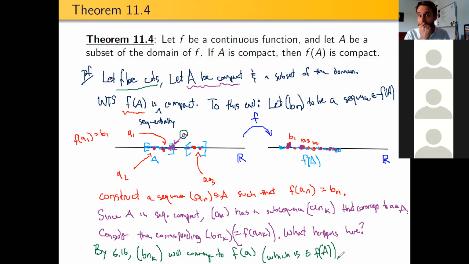And we've actually done it. We have shown that if we start with an arbitrary sequence in the set f of A, then we can extract a subsequence, b sub n sub k, that converges to an element of f of A. And so we have shown that f of A is sequentially compact, and therefore that f of A is compact.